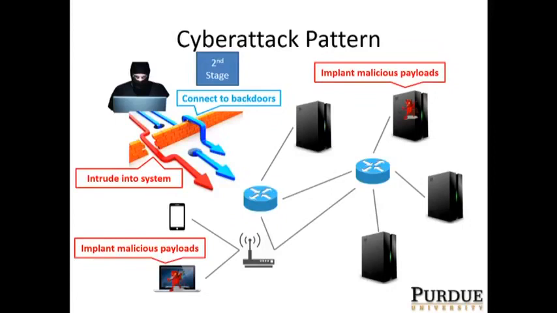Then they could send command and control to the malicious payload and control the victim systems to achieve their goals, such as stealing sensitive information from the machine, infecting other systems, or making the compromised machine one of the attacker's bots to conduct DDoS, distributed denial of service attacks.